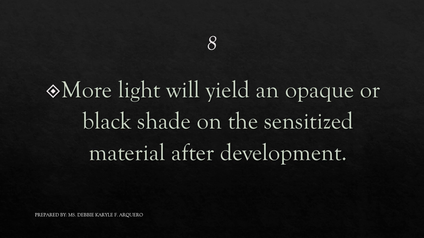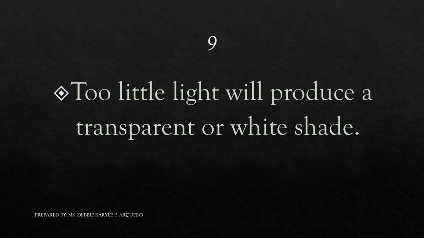Also, in the photographic paper, the more light that will hit the photographic paper, it will appear dark once it is developed by a Dektol chemical later on. So too little light will produce a transparent or white shade.